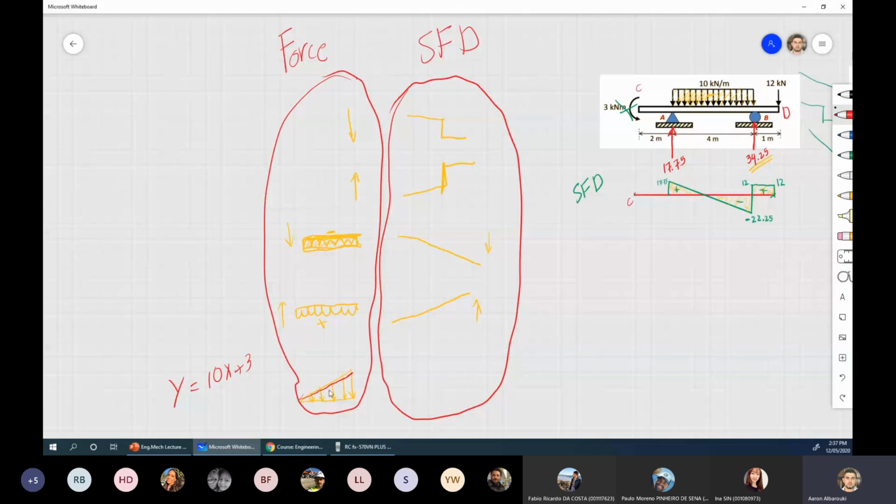If you integrate this, it will be a second degree or quadratic equation. So it would be, for example, where we've got 10, it would be 5x squared over 2 plus 3x, right?